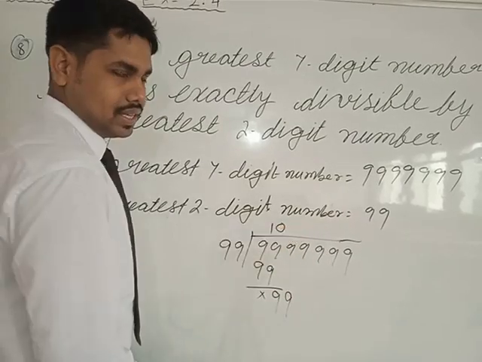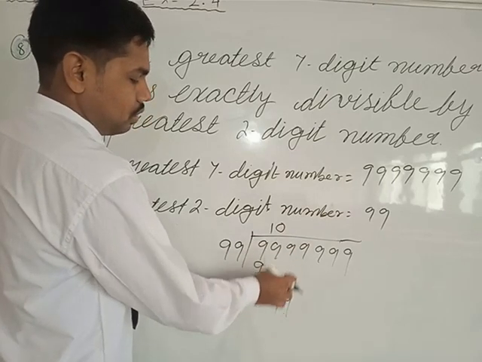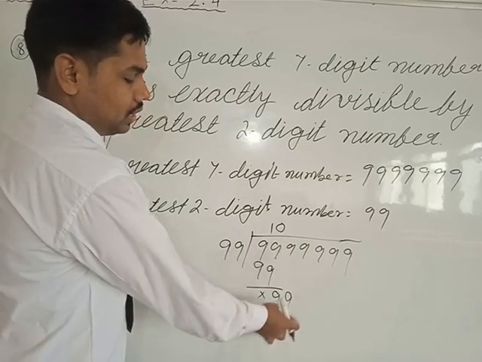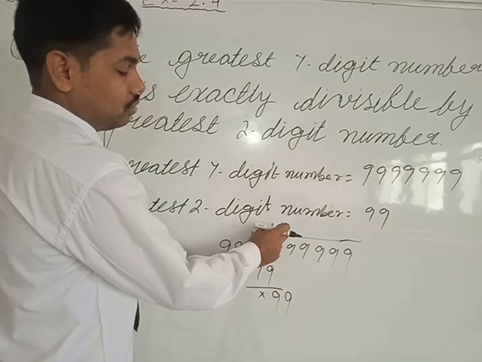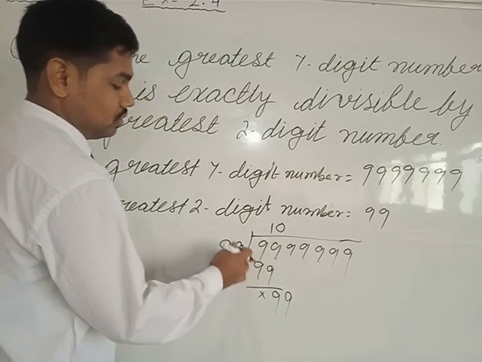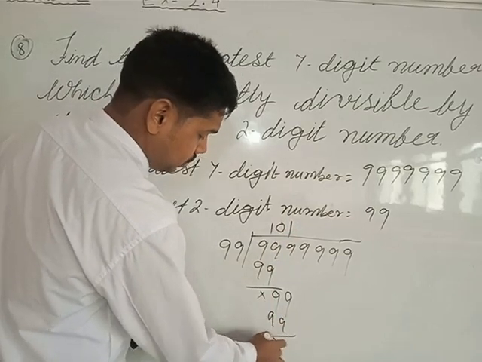Don't do that. When it is not going with 9, we need to take one more 9, and give 0 here because you are taking 2 digits.